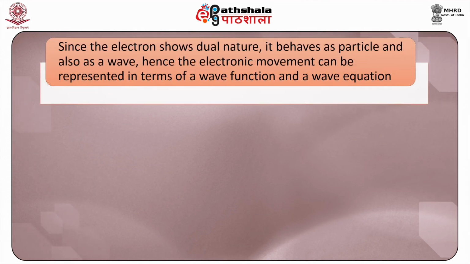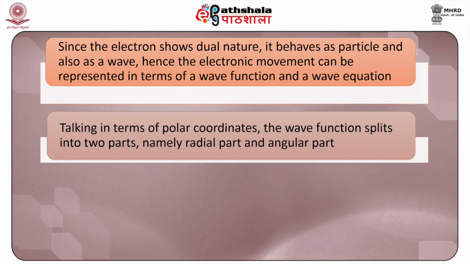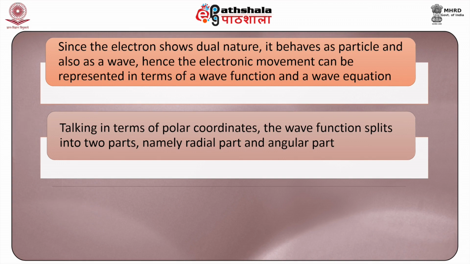Since the electron shows dual nature, it behaves as a particle and also as a wave. Hence, the electronic movement can be represented in terms of a wave function and a wave equation. Talking in terms of polar coordinates, the wave function splits into two parts, namely the radial part and the angular part.